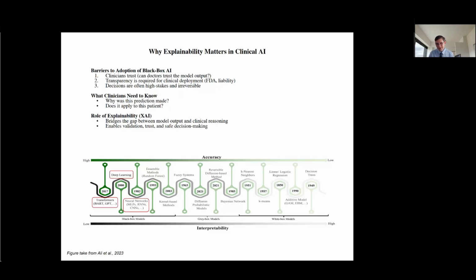On the right-hand side, you can see an example of a white box model, and these are really just inherently interpretable models. They have a very high level of interpretability, and sometimes there is a trade-off for accuracy. Not always, but sometimes there is, depending upon the complexity of the data and the clinical question that is asked. An example could be linear or logistic regression.